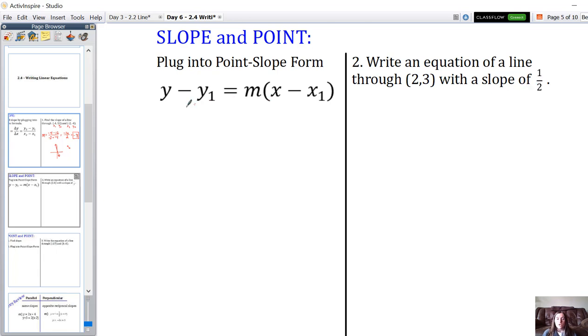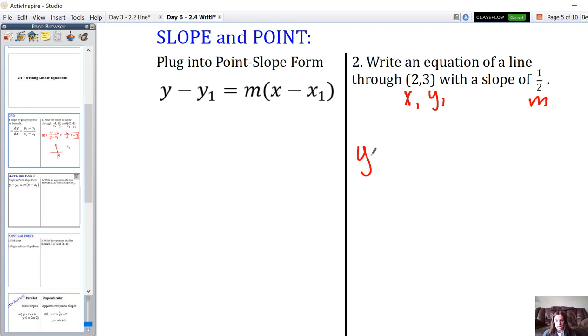When we're writing this equation, we're going to keep this first y in our answer, we're going to keep this first x in our answer, but everything else is going to have a value. So this point is our x1, y1, the slope is our m, and that's what we're going to substitute into this formula.